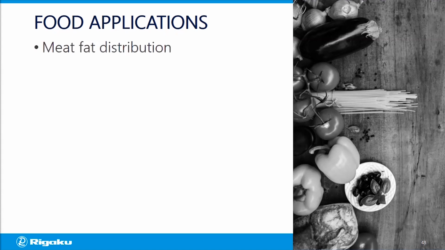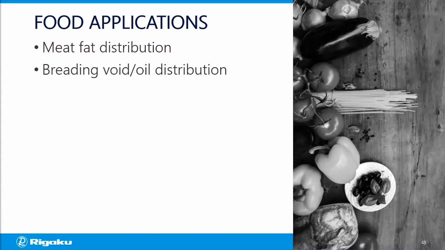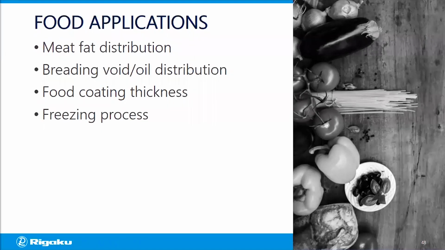So for example, you can look at meat fat distribution in either raw meat or processed meat. You can look at breading of deep fried food and see where the frying oil gets stuck in the breading. You can look at various coatings. You can visualize the freezing process. You can look at sprouted or infested kernels.